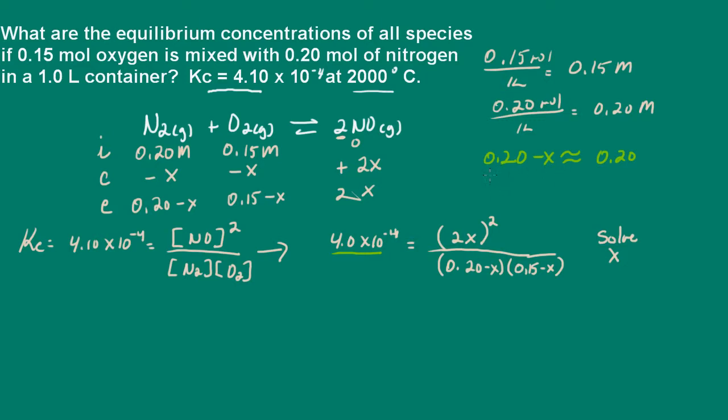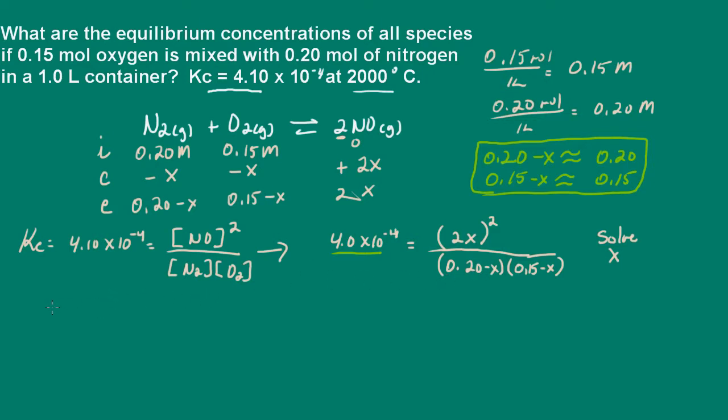I'm going to make the assumptions, and also the 0.15 minus X, again, is not going to affect that concentration. And so we'll go back to this in a second. If the assumption is not valid, then we will need to solve this equation for X using the quadratic formula.